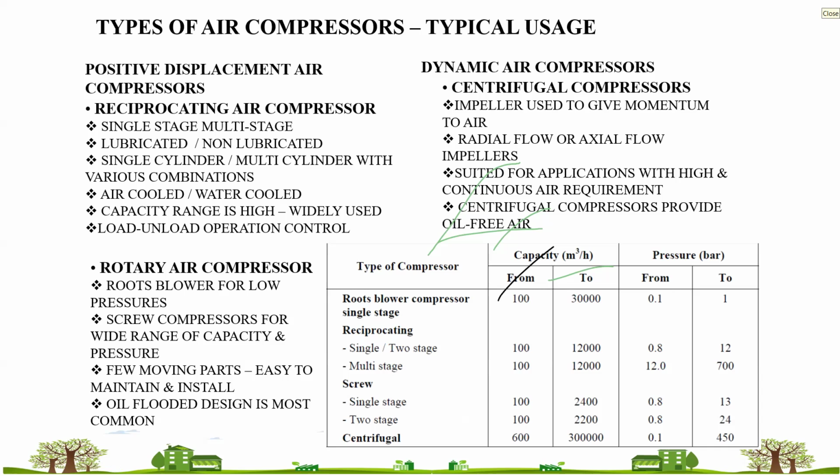Another compressor is the dynamic air compressor, which is the centrifugal compressor. This centrifugal air compressor is majorly used where the quantity of air is huge, like in the major automobile industry, where multiple shops are there: multiple paint shops, multiple fabrication, stamping units, or press shops.